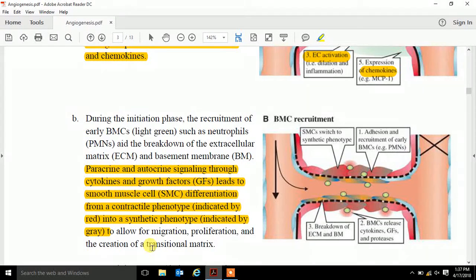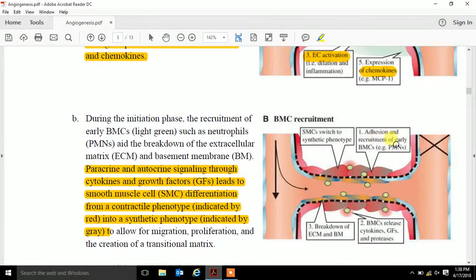Just to highlight here, these molecules being produced, through paracrine and autocrine signaling, change smooth muscle cell function from being more contractile, what we think a smooth muscle cell is going to be, to more synthetic, where it can allow for changes to take place. It can allow for the vessel to enlarge.